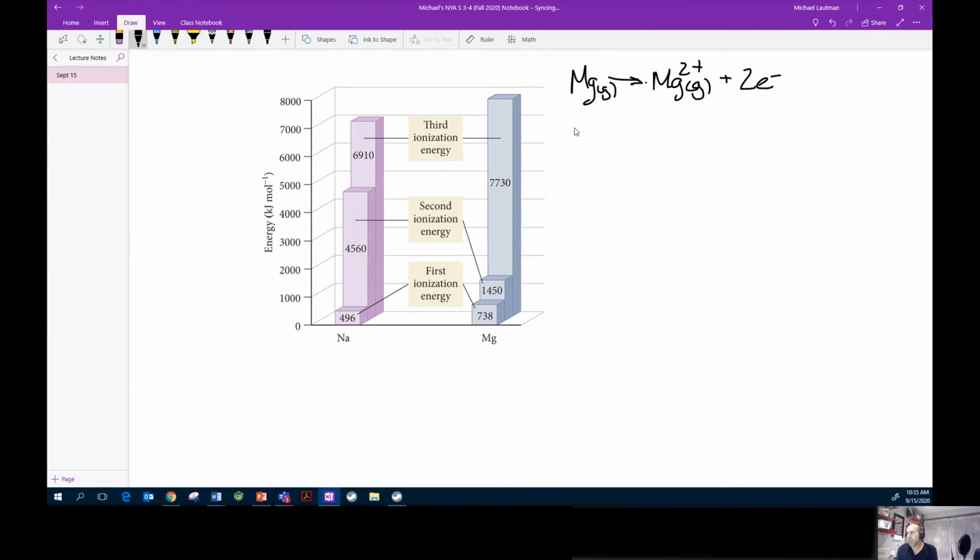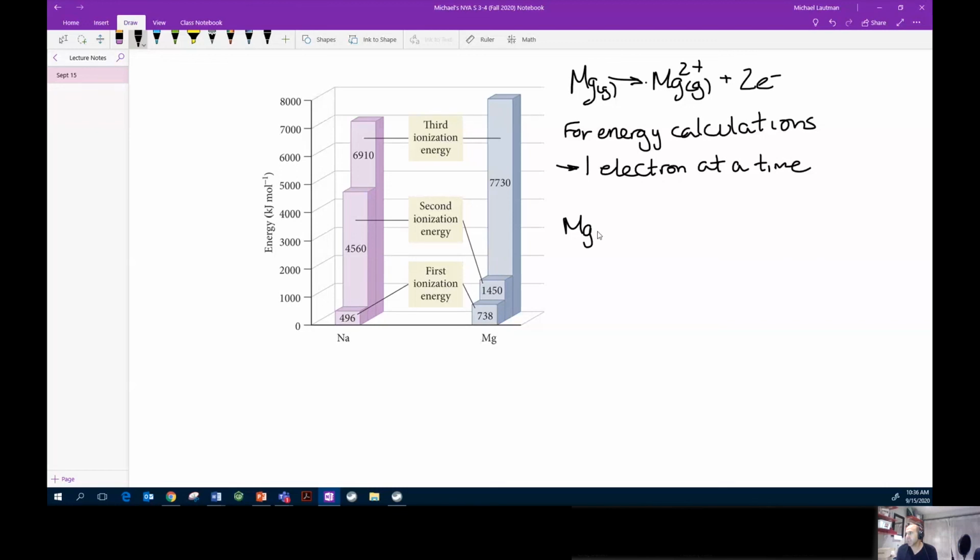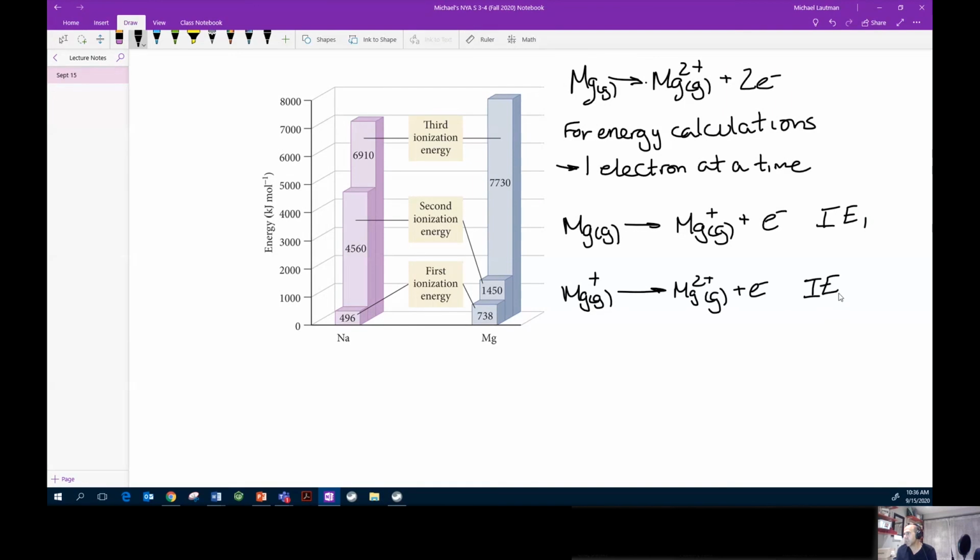However, when we're doing energy calculations, we have to treat them one at a time, so we can't really use this. What we would have to say is magnesium gas goes to magnesium plus an electron, and then magnesium plus goes to magnesium 2 plus an additional electron. This would be the first ionization energy, i.e. E1. This would be the second ionization energy, i.e. E2.